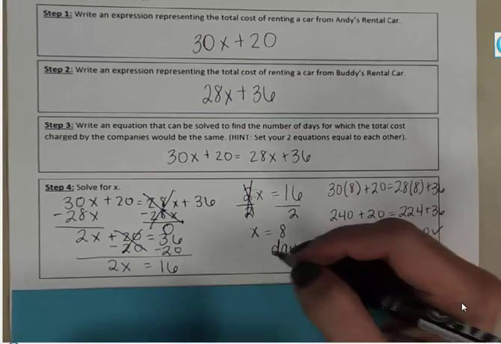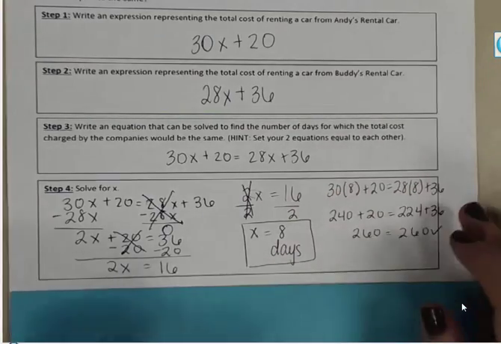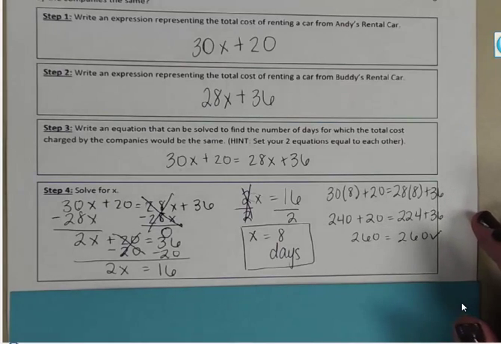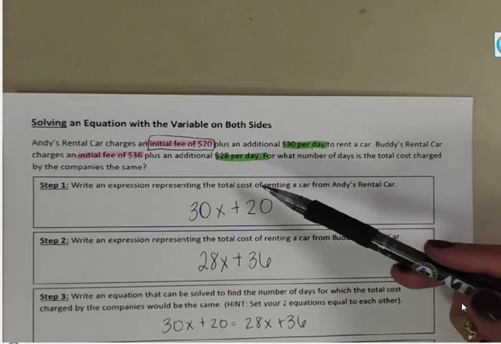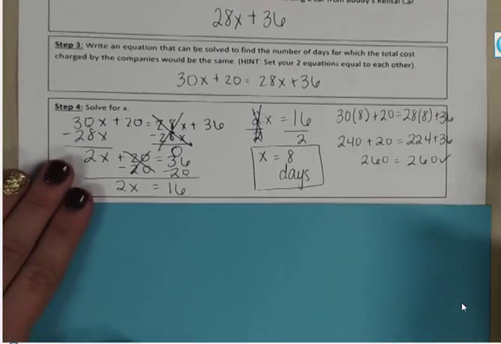So after 8 days, the car companies will be the same amount. So our question was, what number of days is the total charge by the companies the same? After 8 days, the companies will charge the same amount.